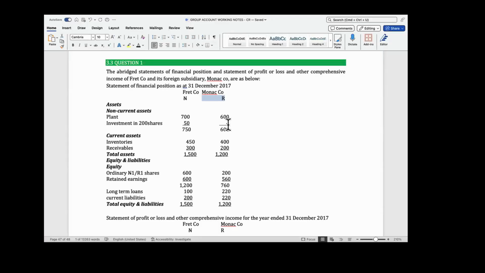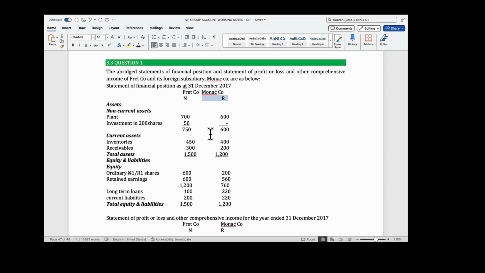And we're not told whether this foreign subsidiary has the same functional currency as the parent or whether it has a different functional currency. But we assume that it has a different functional currency. You always assume that because, of course, since they are silent, we assume they operate independently.